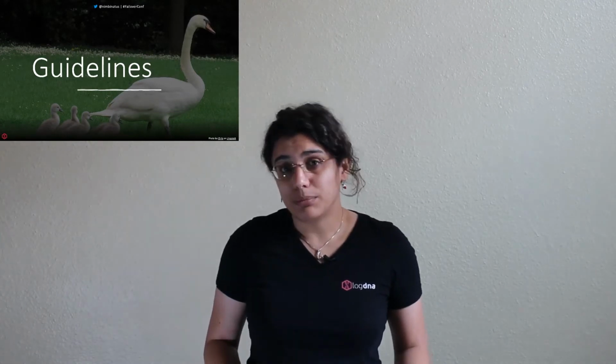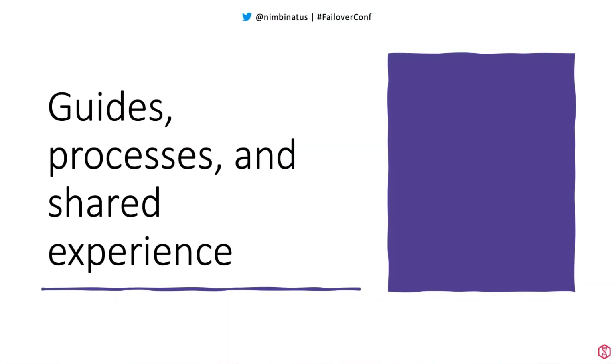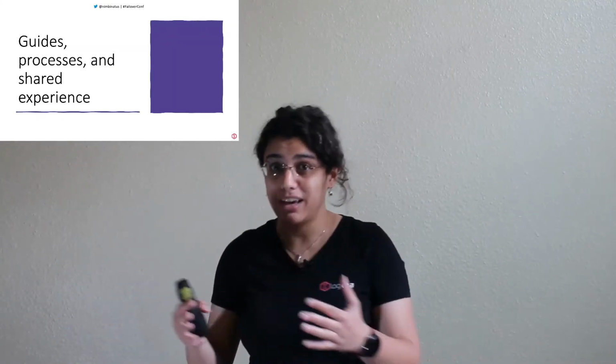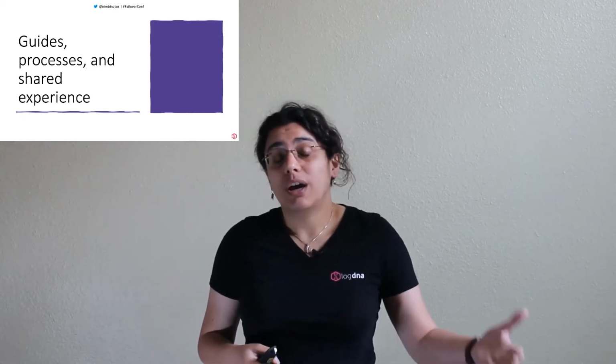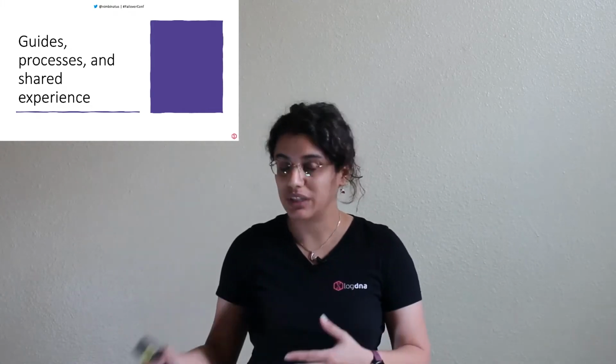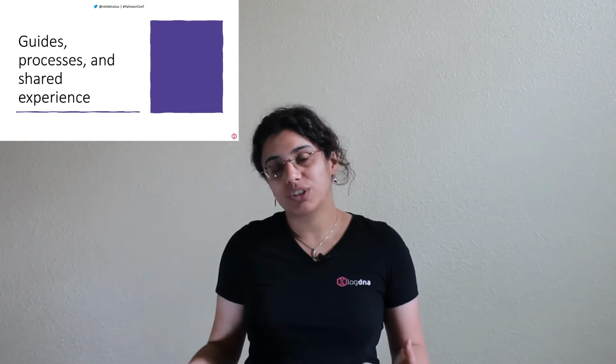Now, what are some examples of guidelines? Well, the first one is probably how-to guides. So any kind of guide is a guideline. Little small reminder there. So you can think about any kind of how-to guide. Processes. Which playbooks do you run? How do you decide what to do next? Processes are another kind of guideline. And then finally, we talk about shared experiences.